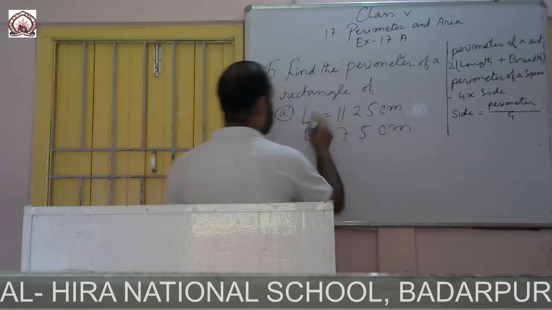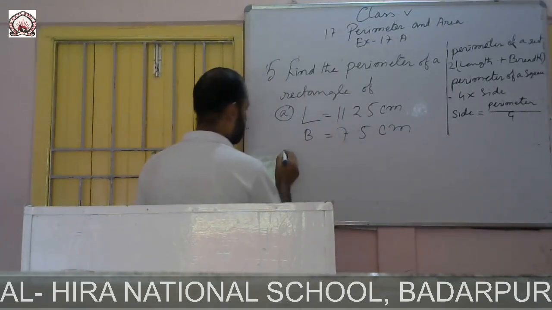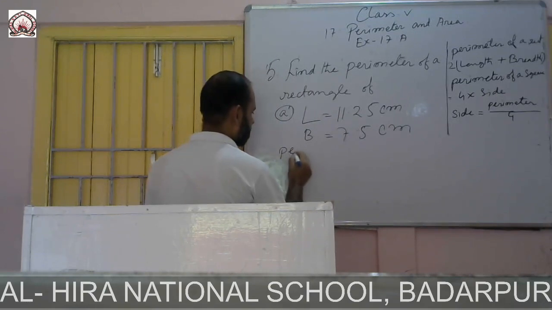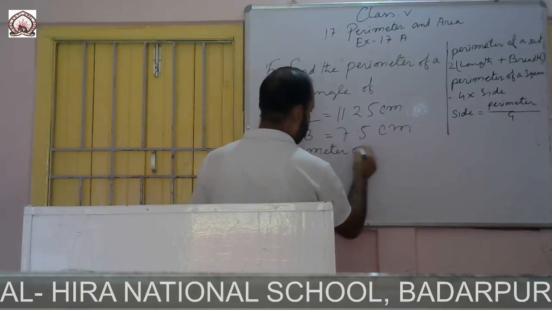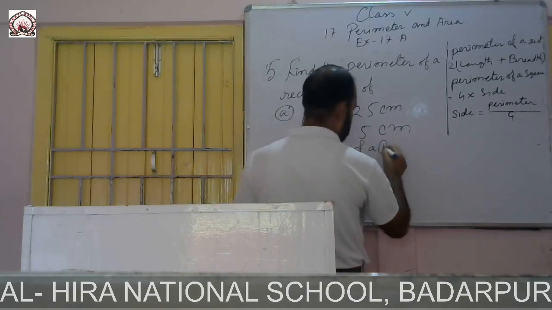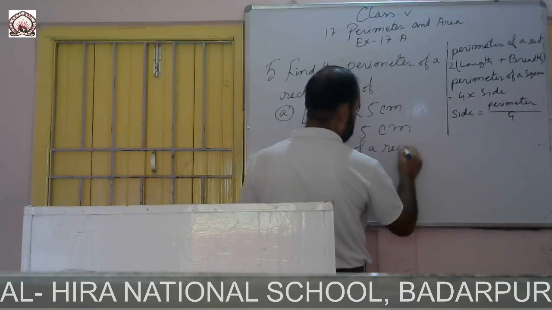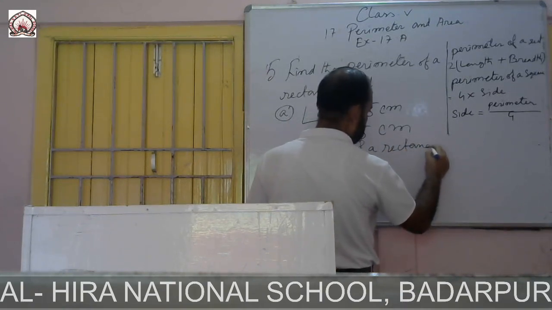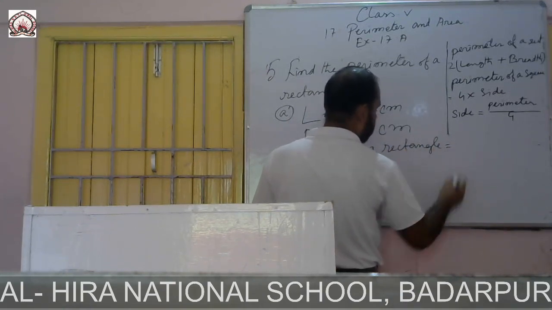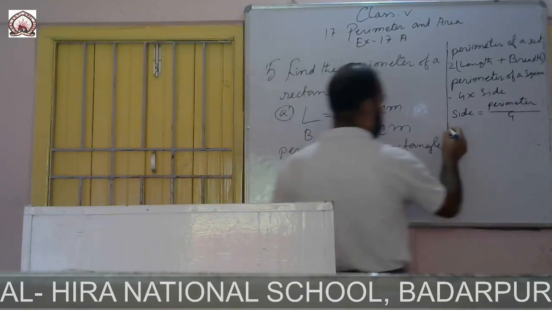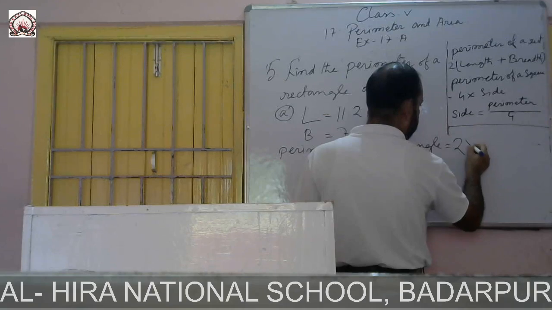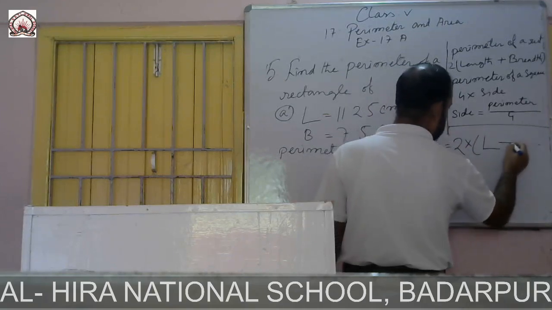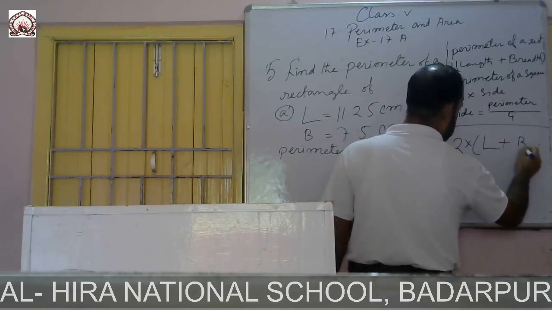The perimeter of a rectangle equal to 2 into length plus breadth.